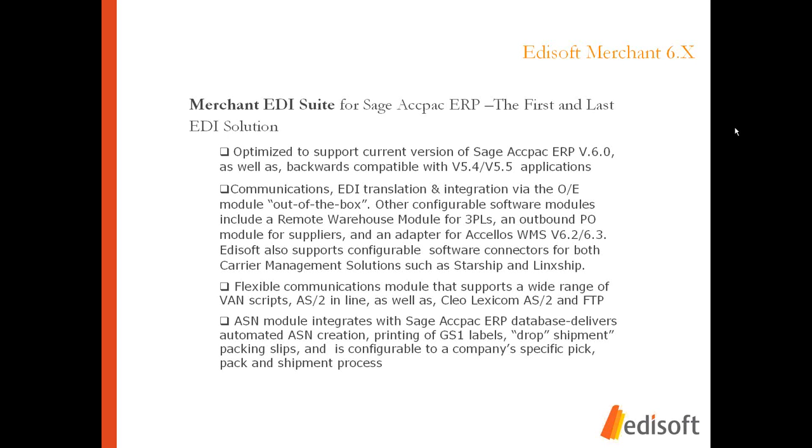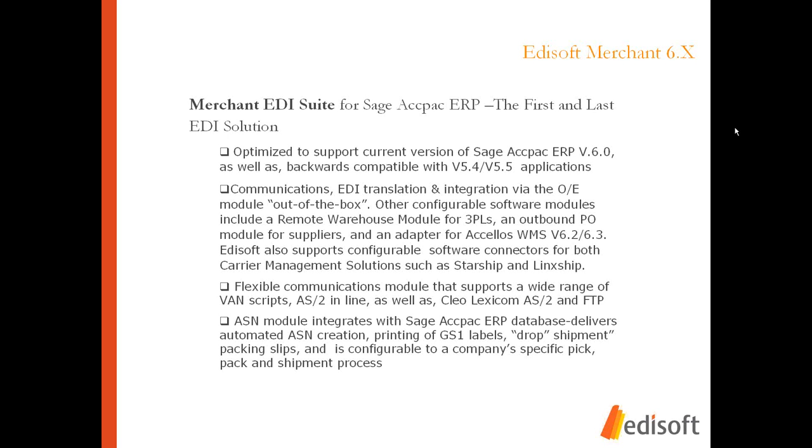Other configurable modules include our remote warehouse module for third-party logistics warehouses, an outbound purchase order module for suppliers, and an adapter for the Excelis WMS solution. Edisoft also offers configurable software connectors for carrier management solutions such as Starship and Linkship.